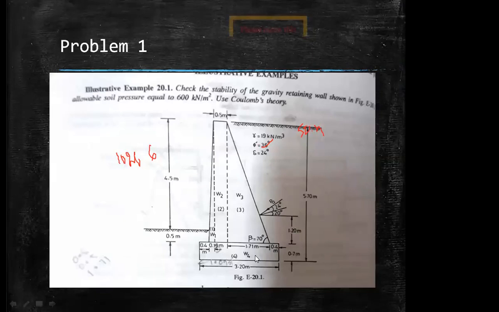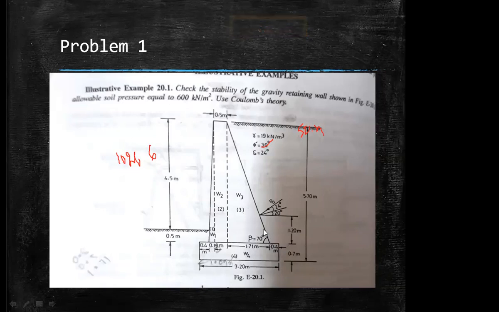You should be careful whenever you are calculating the lever arm for triangles. Here, you need to calculate the lever arm from this force. The force is here and you need to calculate the perpendicular distance this much, right? So it is 0.4 plus 0.19 plus 0.5 plus 1.71.